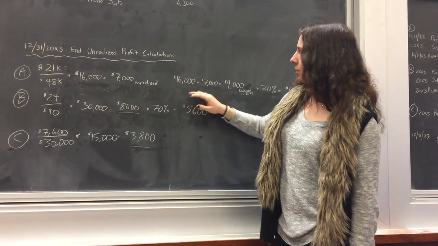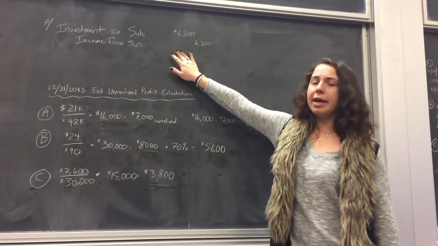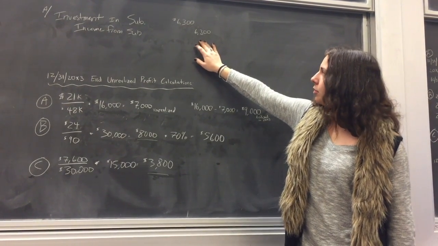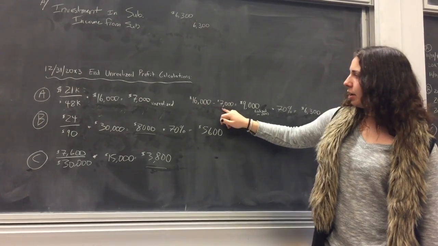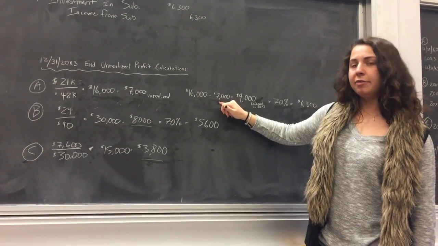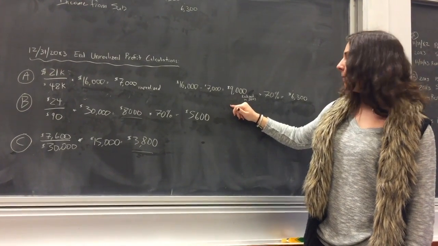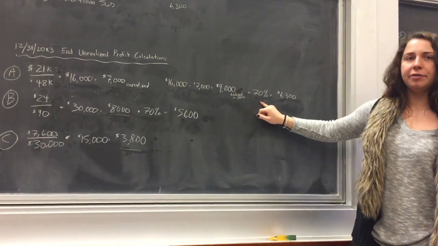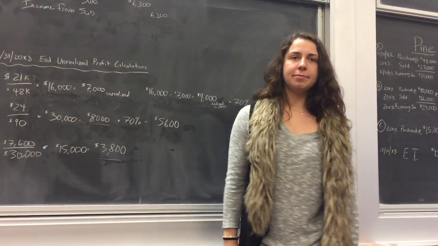However, this total $16,000 was still in these accounts as unrealized profits from 2000X2. So we subtracted $16,000 minus the remaining unrealized profits of $7,000 to get $9,000 that were realized in 2000X3, and then we multiplied that by Pine's 70% ownership to get $6,300 for this entry.